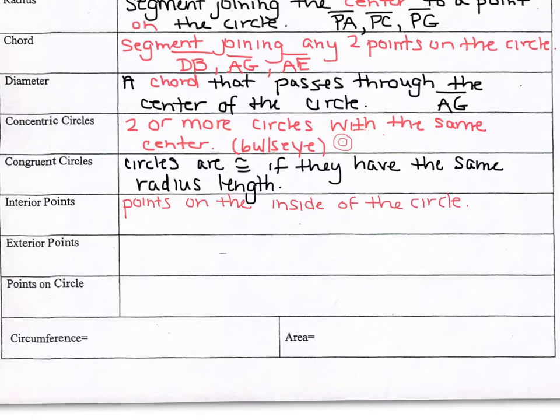And in our picture, I know you can't see mine, but look at yours. We have 4 points that would be considered interior points. Points L, P, H, and K.